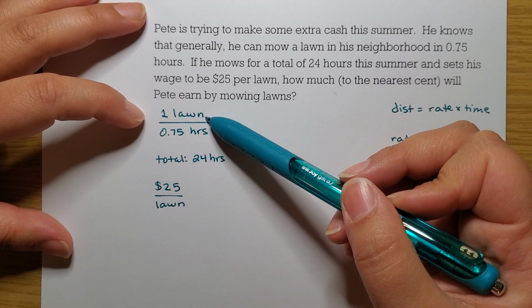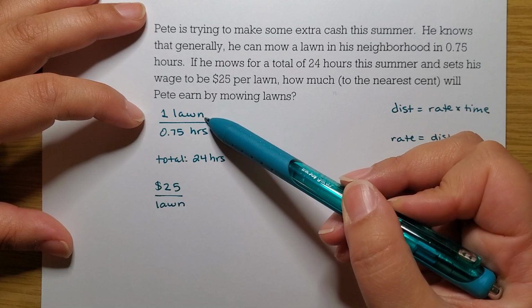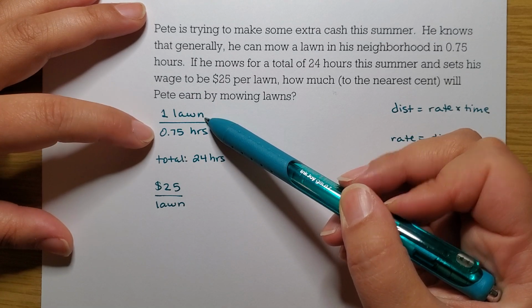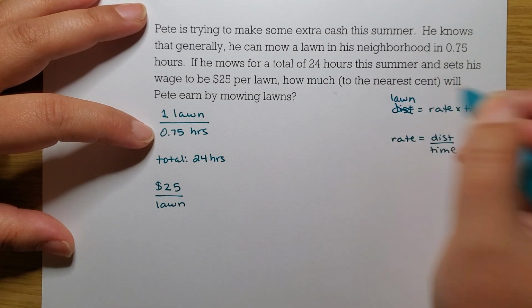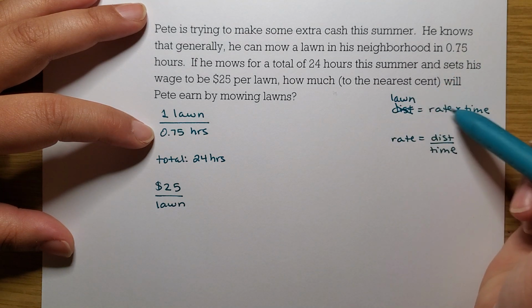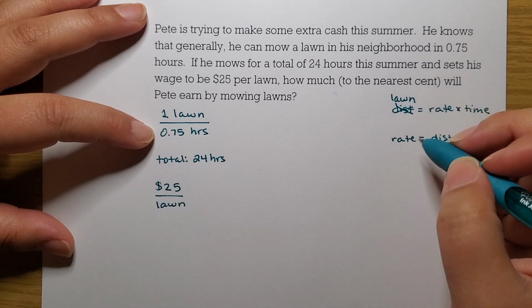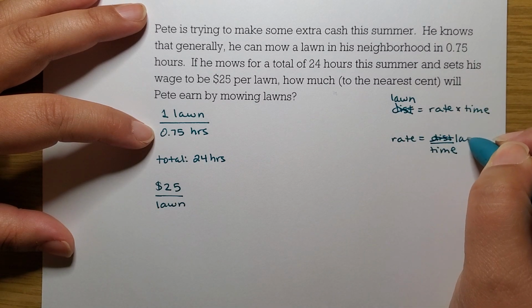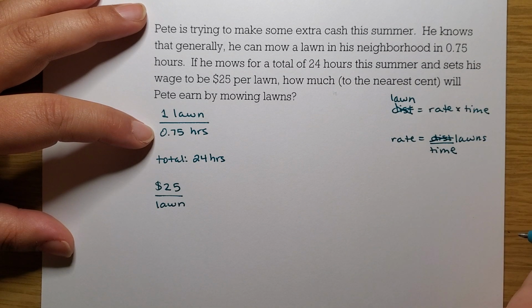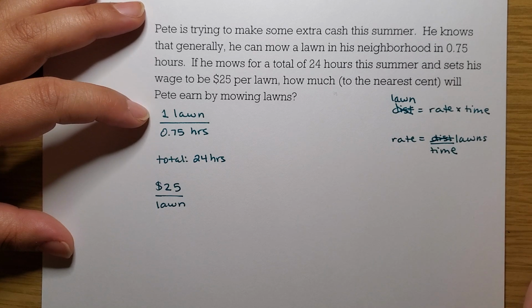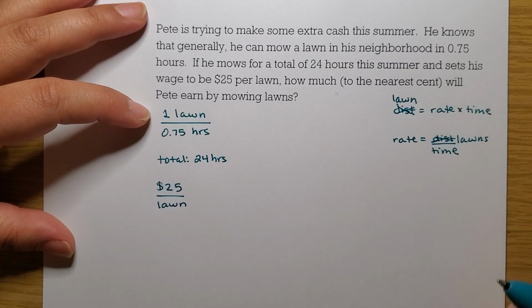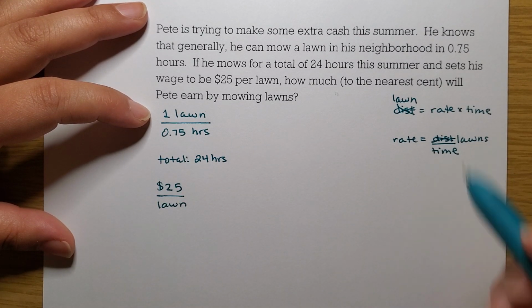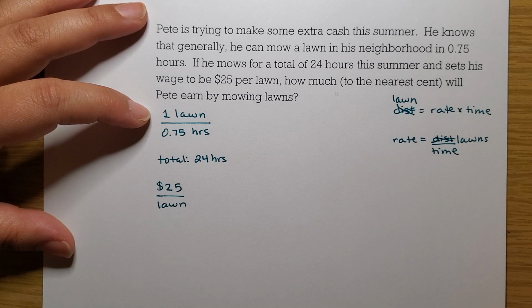So instead of distance, I have lawns. I could think of it as lawns equal rate times time, where the rate is number of lawns over time. This is why we can use the distance rate time formula as a basis for doing something different, even if it's not distance. The principle remains the same.